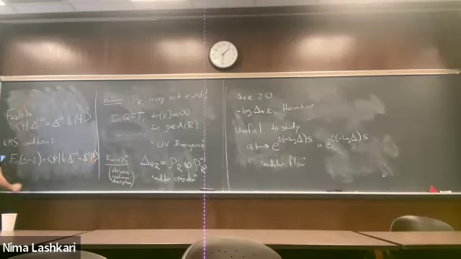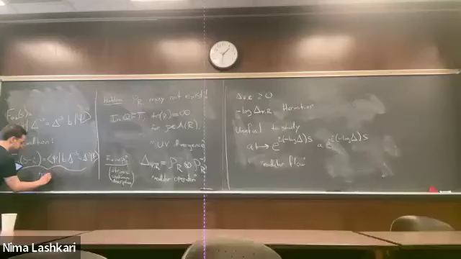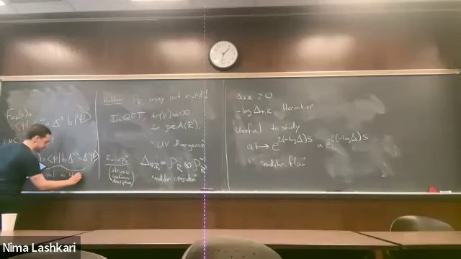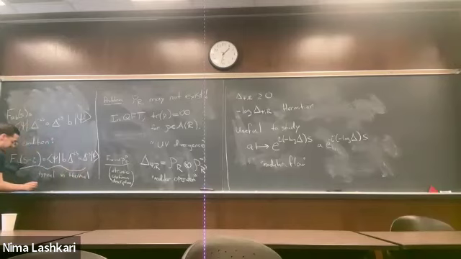Now, this is something that people maybe haven't seen before, but it's extremely typical as a feature of thermal physics. In fact, KMS stands for Kubo, Martin, and Schwinger, and these people originally studied this in the context of thermal field theory.